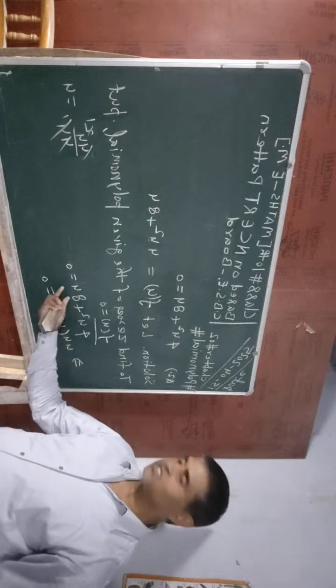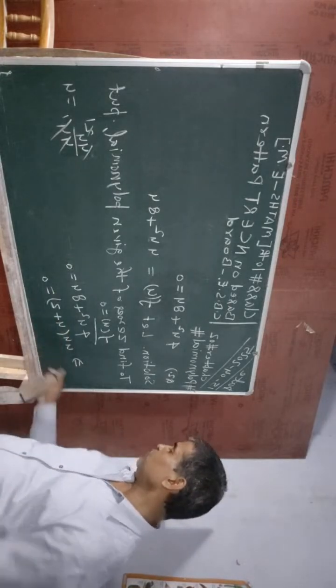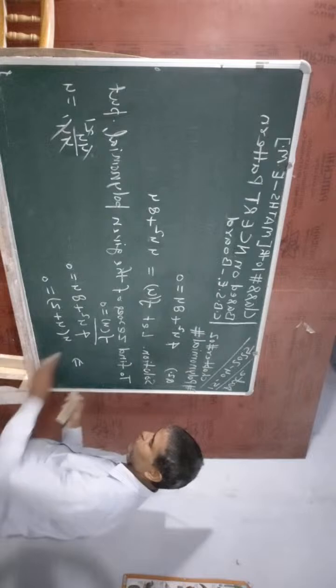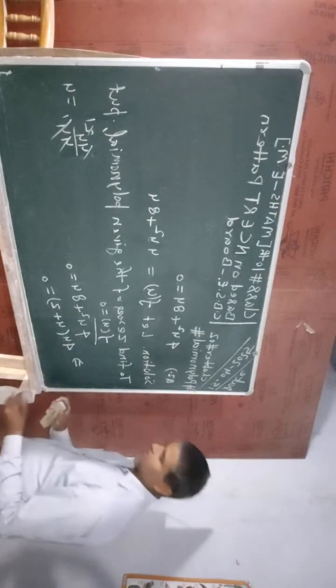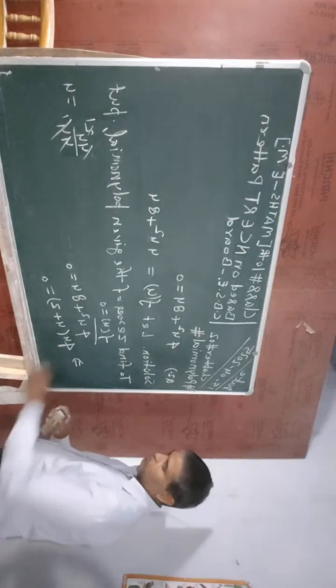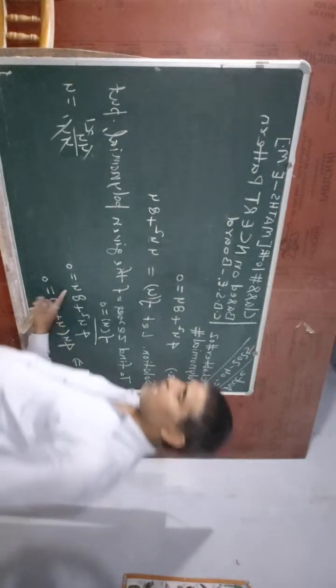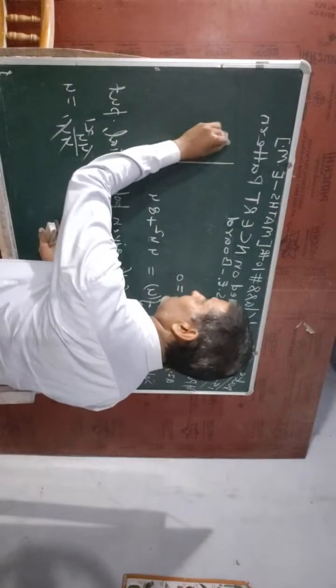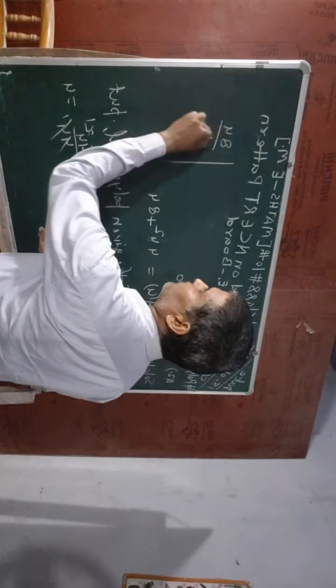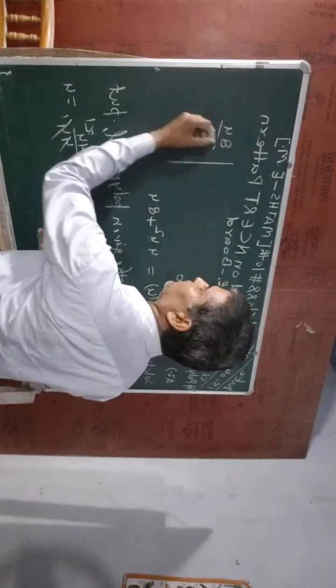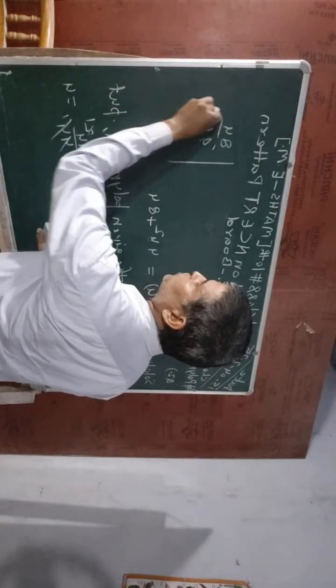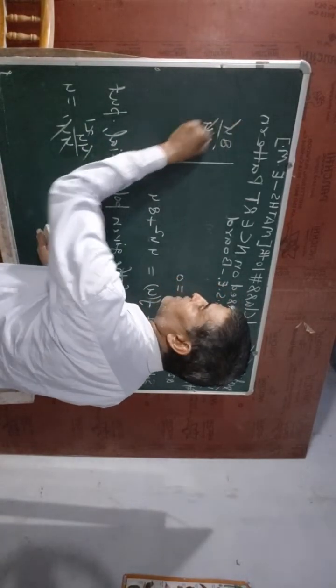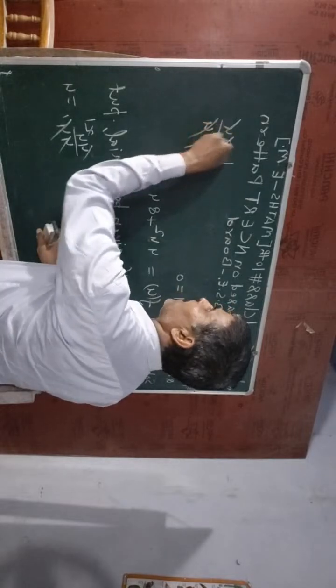Now from this term I also have to take 4u common. 4u I will write like this. So this is 4u. From this term I am also taking it common, so I will write 4u divided by... 8u divided by 4u. So u will cancel, and 4 ones are 4 and 4 twos are 8.